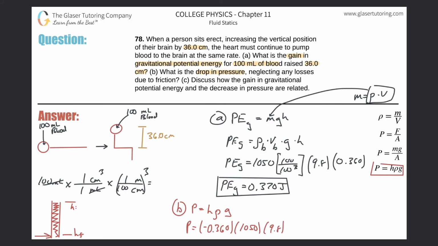Here we now have the pressure becoming, it's a drop, so it's going to be negative, 0.36 times 1050 times 9.8. And here we have now, what do we have? About 3.70 times 10 to the third, or about 3,700 pascals. It will be reduced by that.